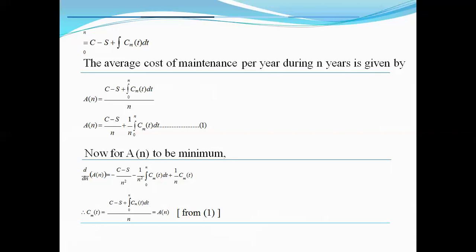Hence, upon simplification, we get that An, the average cost of maintenance, is equal to the cost minus scrap by n plus 1 by n of integration 0 to n of the maintenance cost with respect to the time that varies.